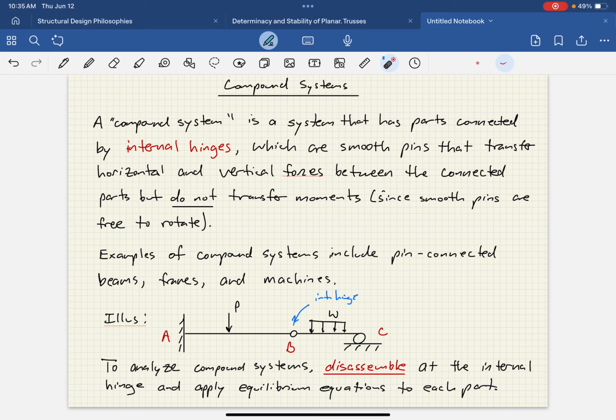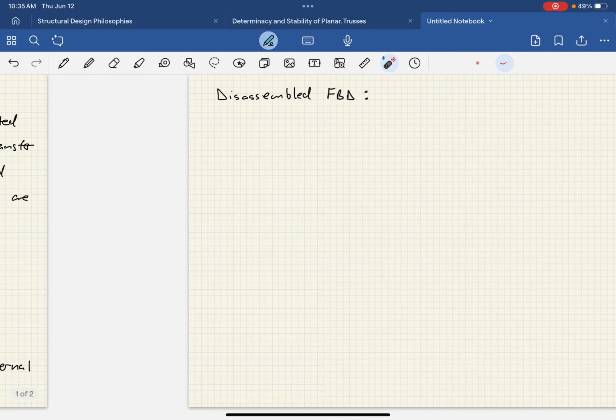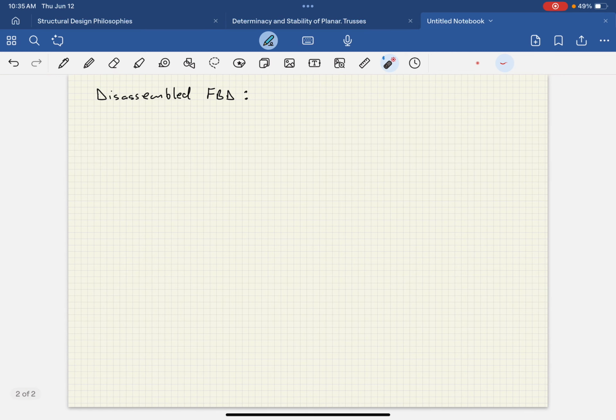We might seem stuck. Well, to analyze compound systems, what we do is we disassemble at the internal hinge, and then we apply equilibrium equations to each individual part, okay? So let's scroll over 1 page, and let's do that together. So let's say we're going to disassemble that figure that we just had, okay?